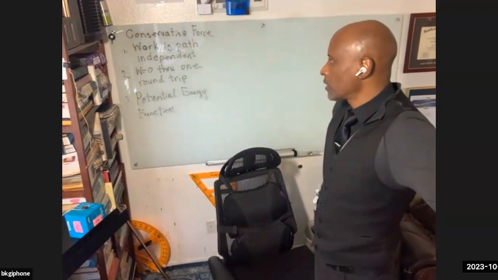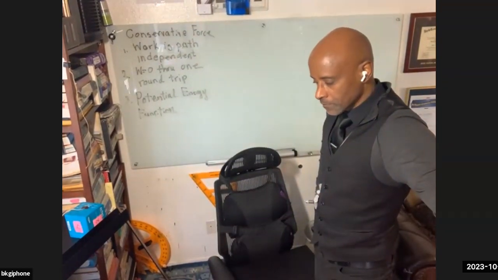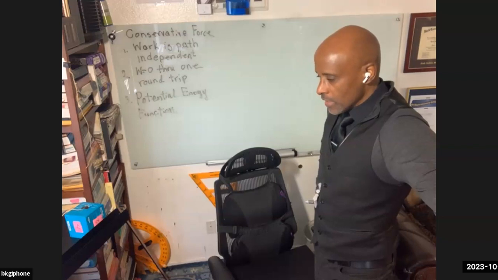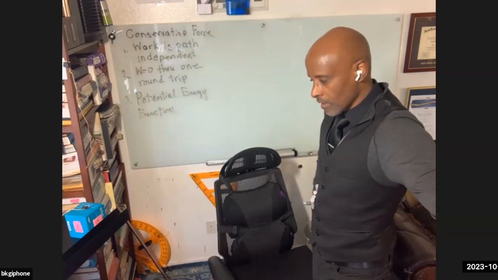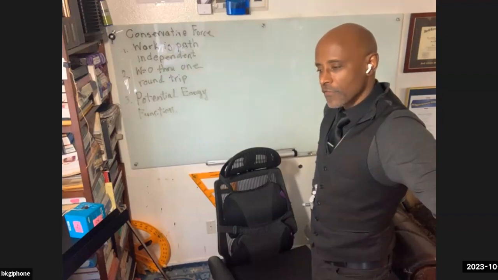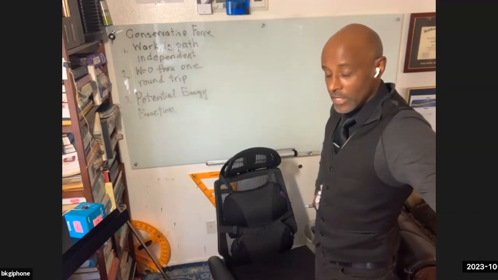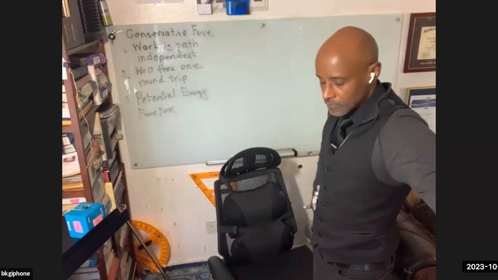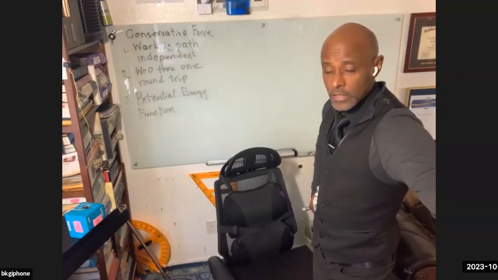Now, one quick and dirty way of determining whether a force is going to be conservative or not. In the case of both gravitation, or gravity, and electrostatics, the source of the field is, in the case of gravity, the accumulation of matter, and in the case of electrostatics, a proton or an electron.